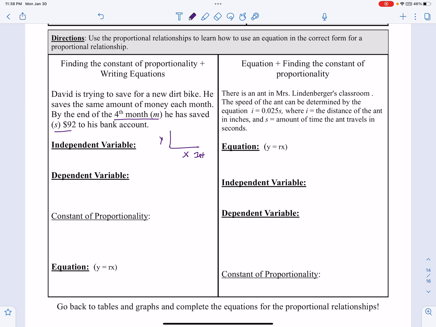And so our independent variable for this one is going to be M, okay, for months.